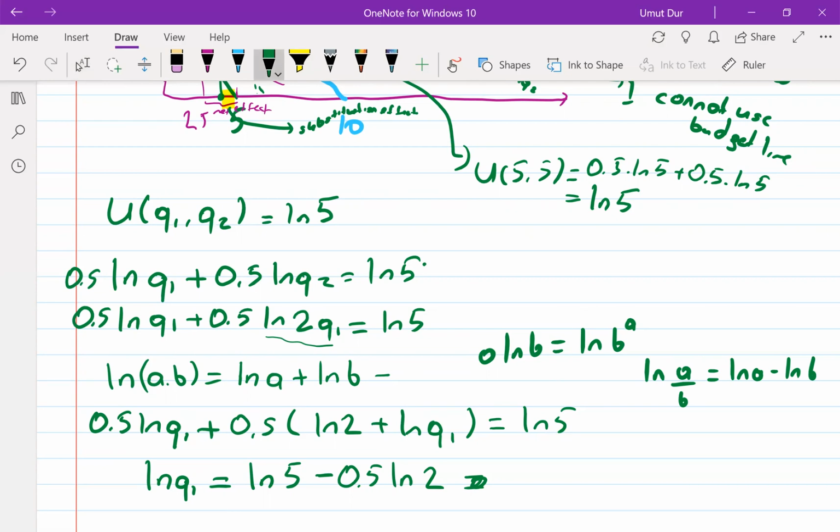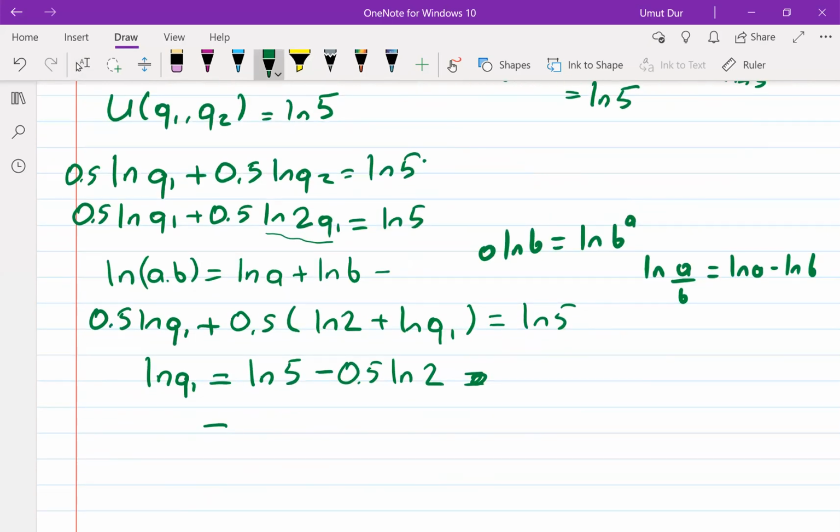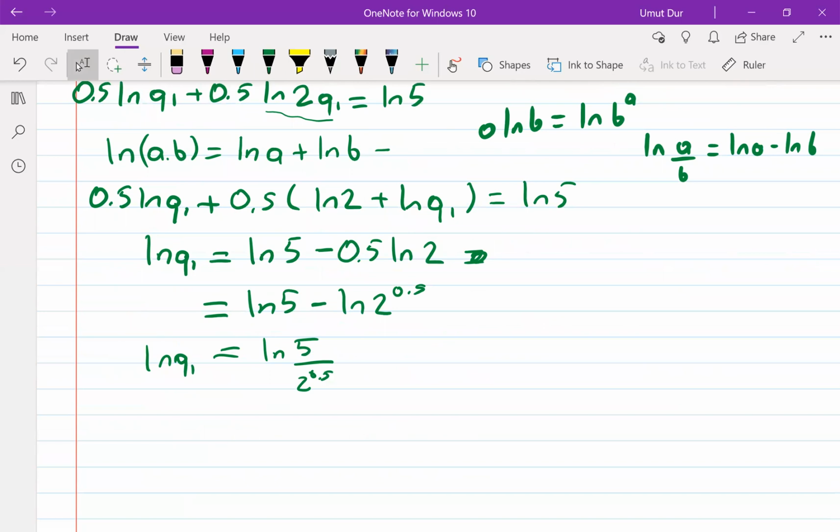Then on the right-hand side, ln 5 minus ln 2 to the 0.5, so ln of 5 divided by 2 to the 0.5 is equal to ln Q1. What is left here is Q1 is equal to 5 over 2 to the 0.5.